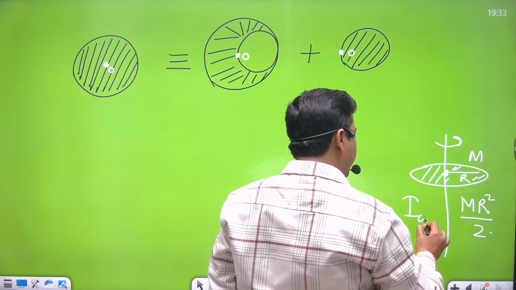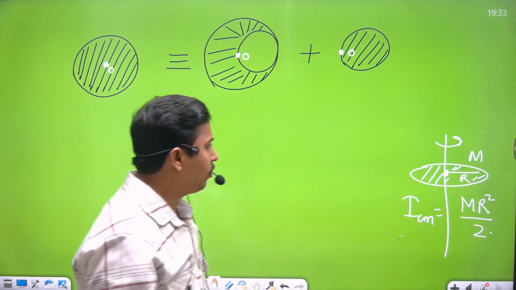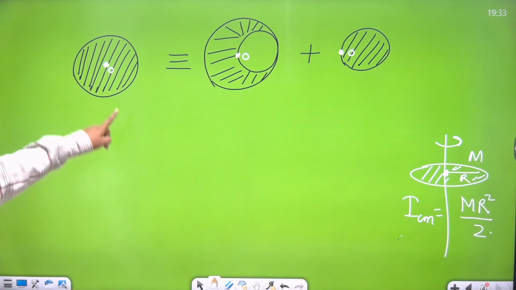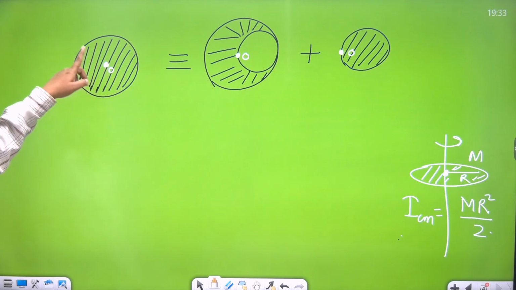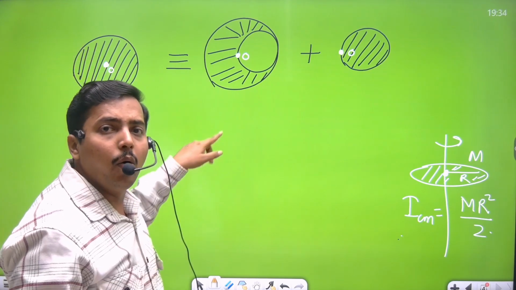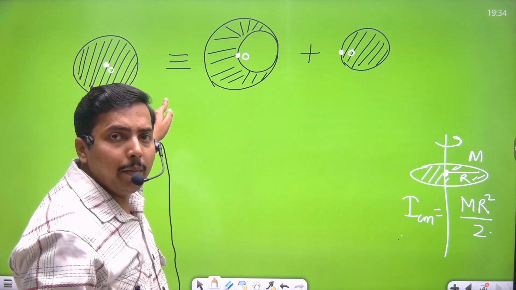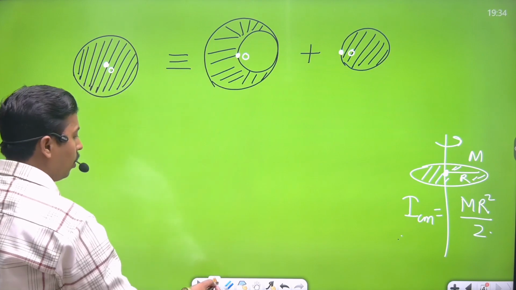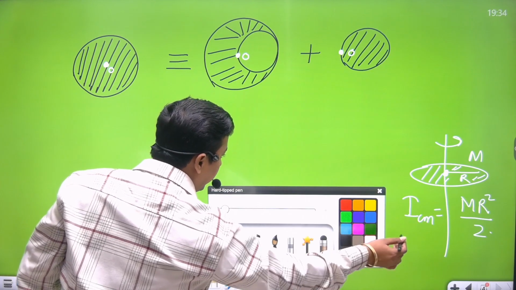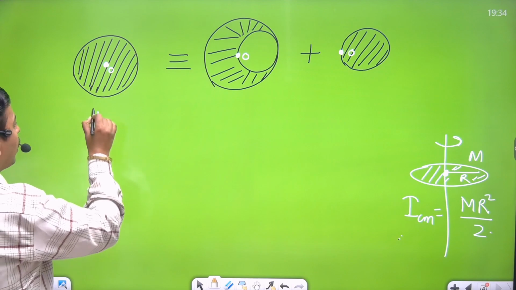Isn't it? I_CM is equal to Mr square by 2. So I of the whole body, I of the whole part about the point O, you can write this very important statement.